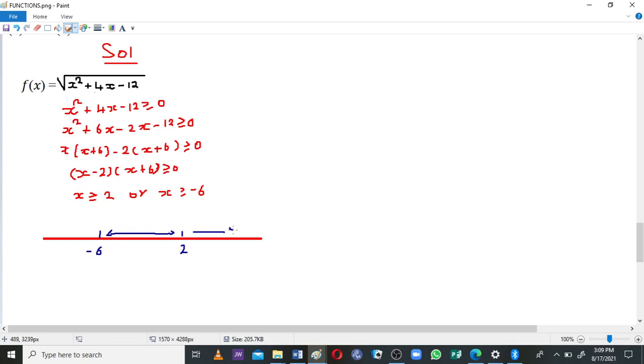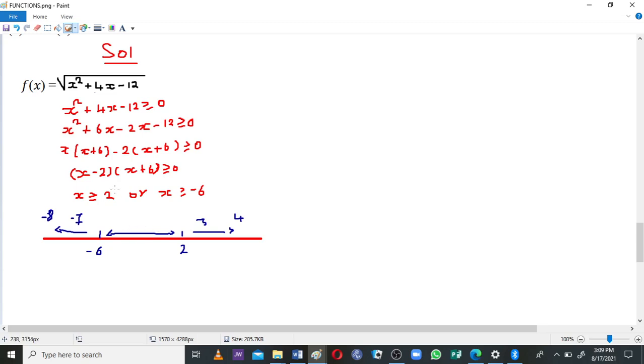Going this side, you have positive values greater than 2, and here you have values less than negative 6. So this side you have negative 7, negative 8, and here you have positive 3, positive 4, and here we have those numbers in between.